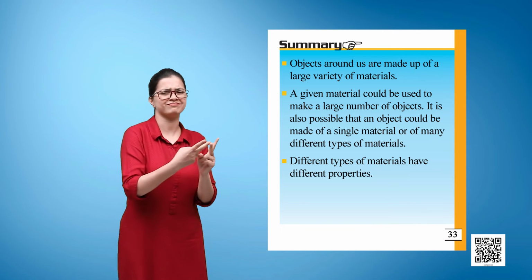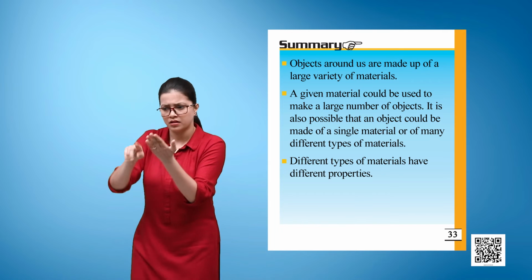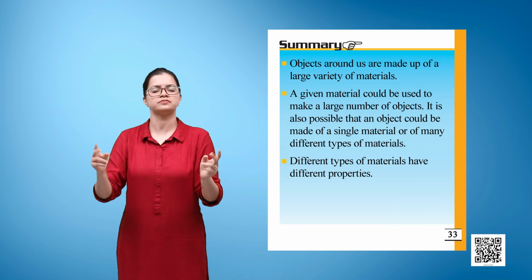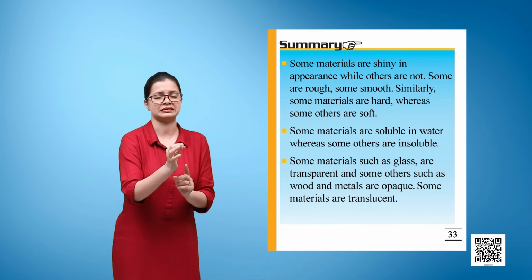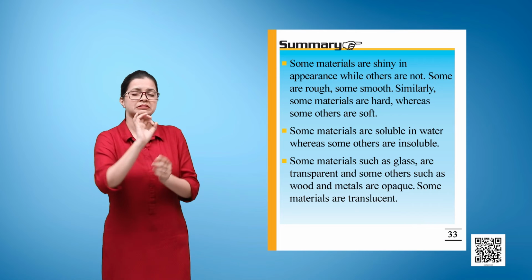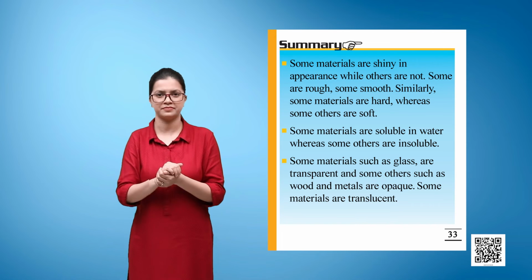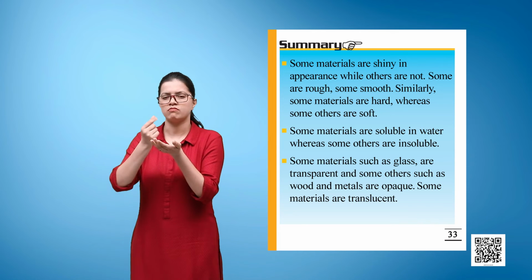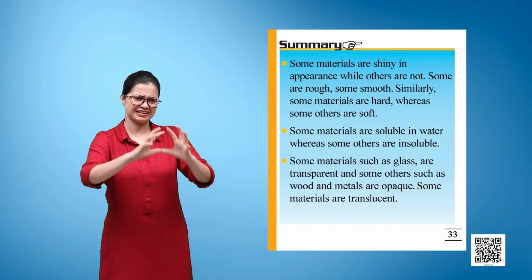Different types of materials have different properties. Some materials are shiny in appearance while others are not. Some are rough, some smooth. Similarly, some materials are hard, whereas some others are soft.